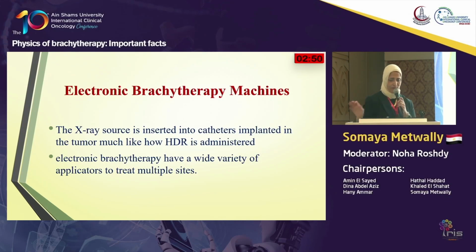The X-ray source is inserted into a catheter implanted in the tumor, much like how high dose rate is administered. Exactly like how high dose rate machines based on radioactive isotope sources work, in the same way, I insert the X-ray inside the applicator inside the patient.